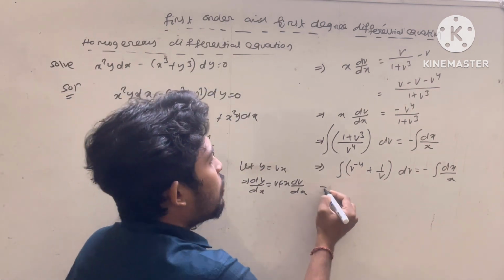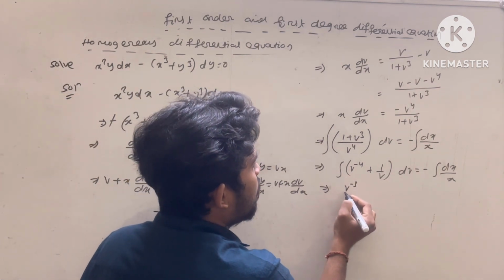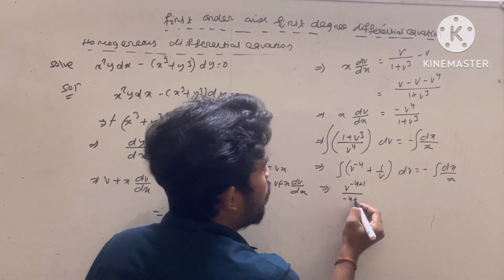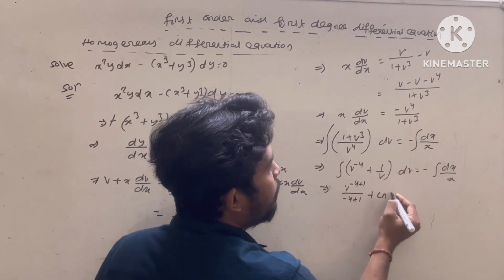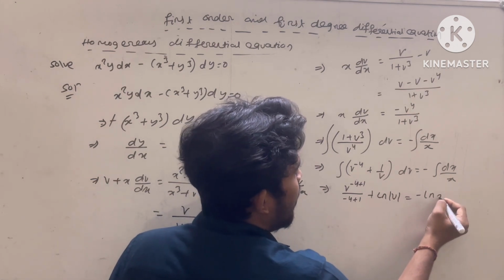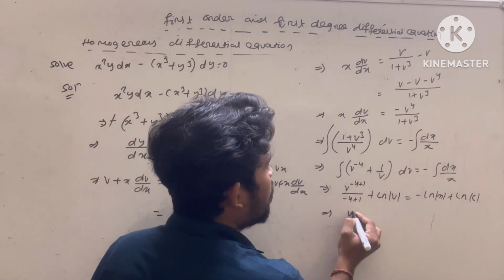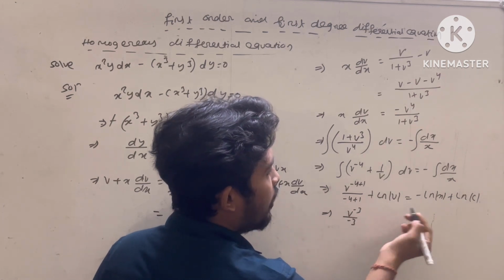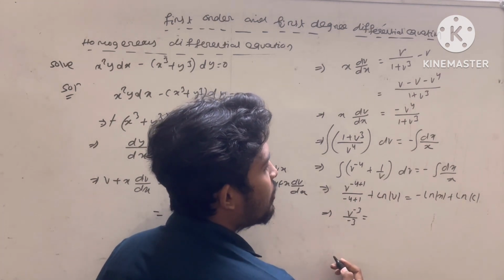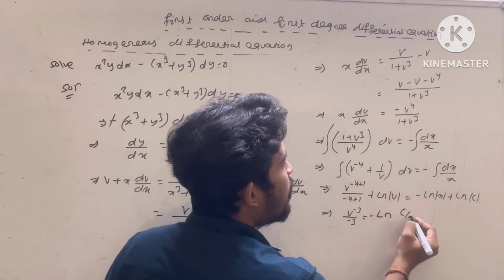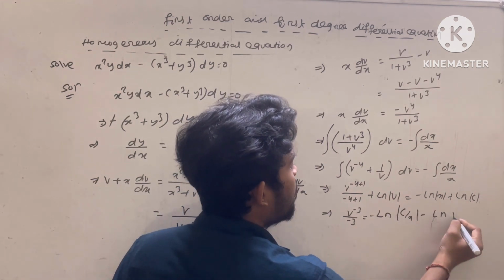So this becomes v to the power (minus 4 plus 1) divided by (minus 4 plus 1), and this is ln v, and this is minus ln x plus ln c. So this is v to the power minus 3 by minus 3, and take this to this side. This is ln c by x minus ln v.